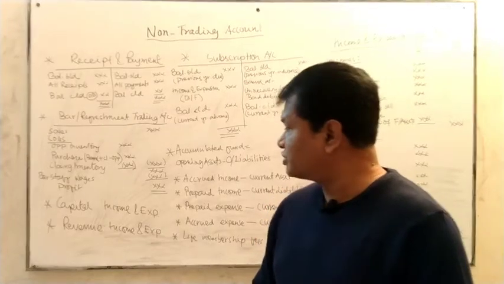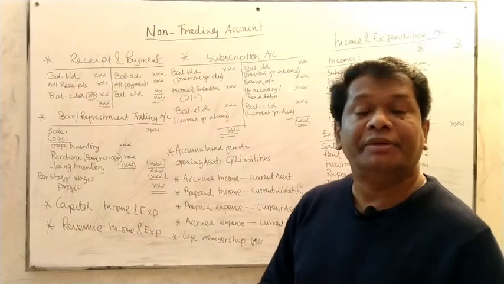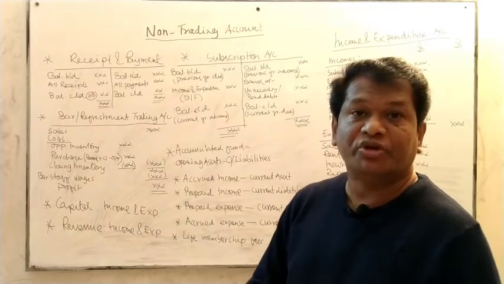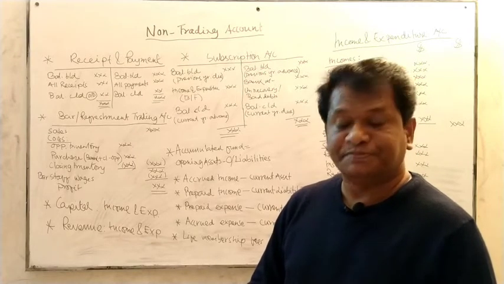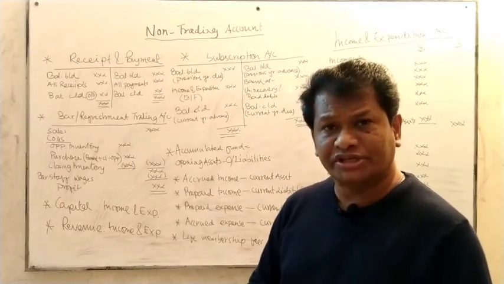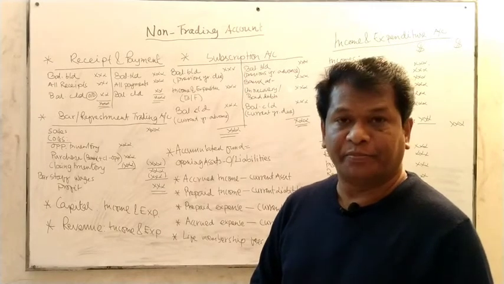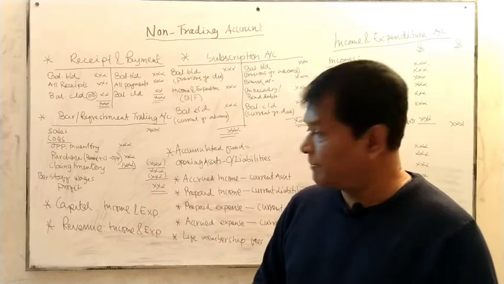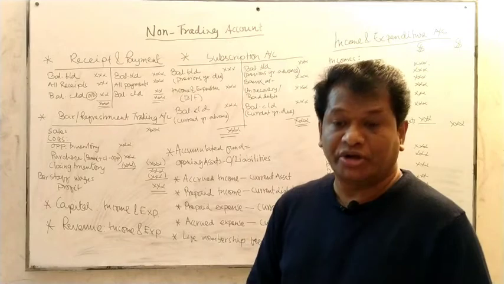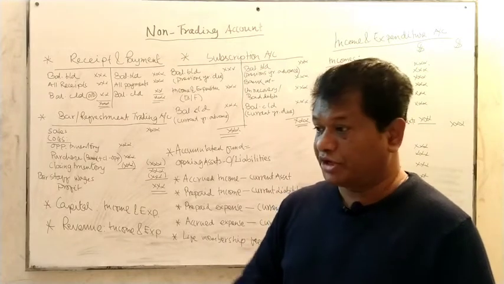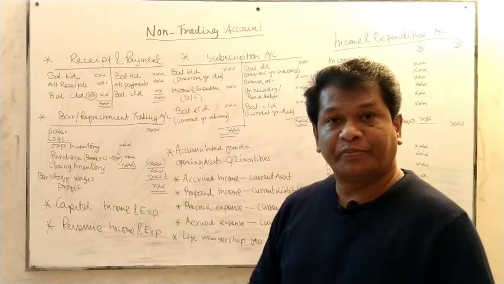Again, revenue expenditure, the revenue item or revenue expenditure and revenue income. What is revenue expenditure and revenue income? Revenue income means income which is generated for the organization in the current period. Capital income means income generated by the business but not for the current period, for the next period of time.